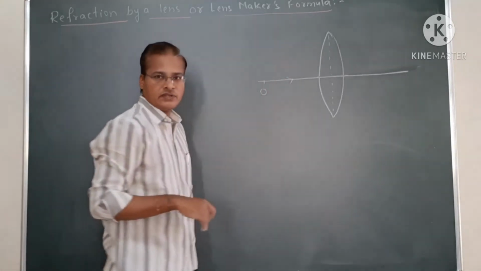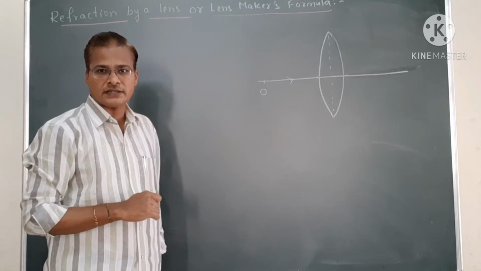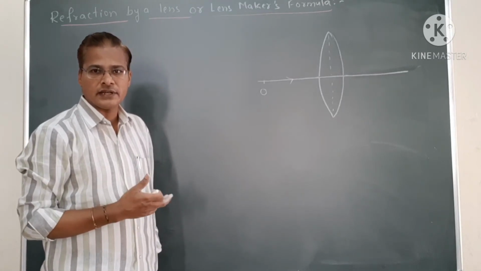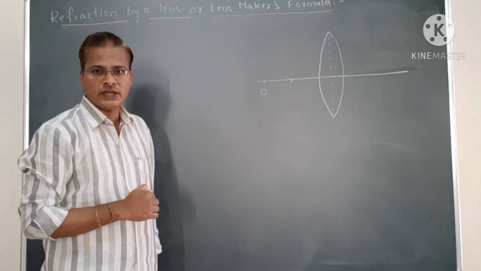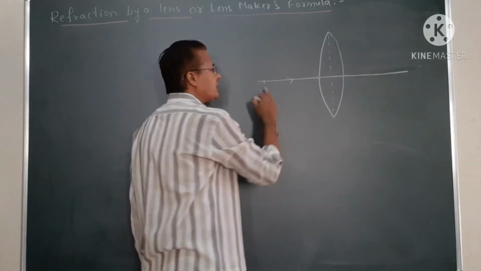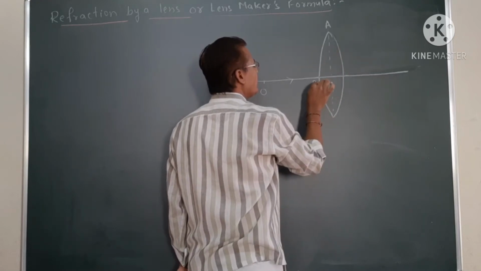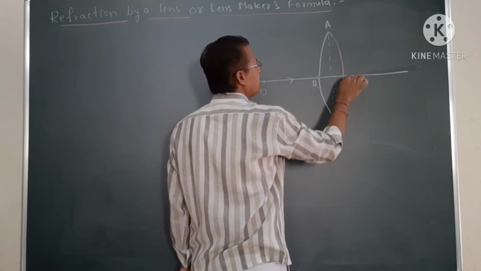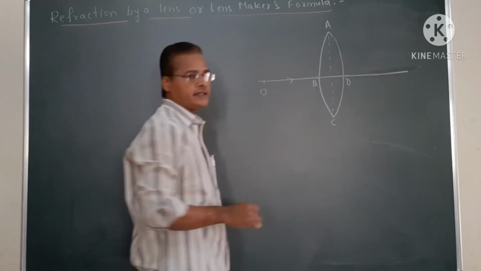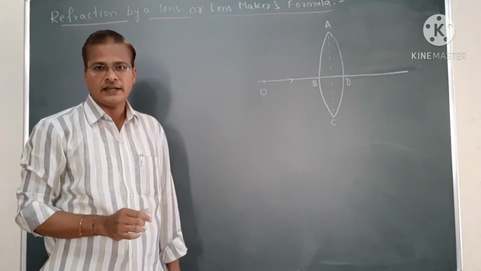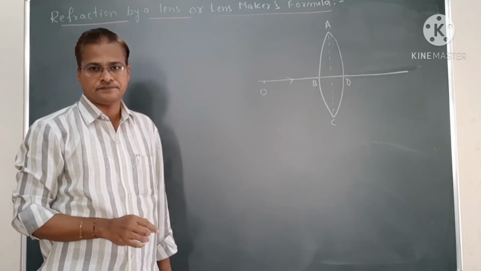One ray which passes along the principal axis is undeviated, meaning it does not deviate. There are two surfaces: one we are going to call ABC, and the other ADC.